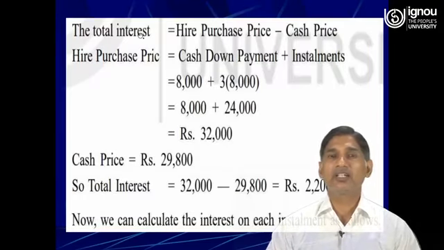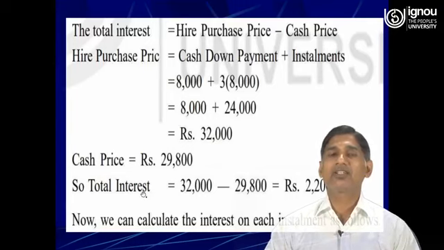Here the total interest is equal to hire purchase price minus cash price. For the hire purchase price, we made 8,000 as cash down payment and 3 installments of rupees 8,000 each. So in total we paid 32,000, and the cash price is given in the question as 29,800.